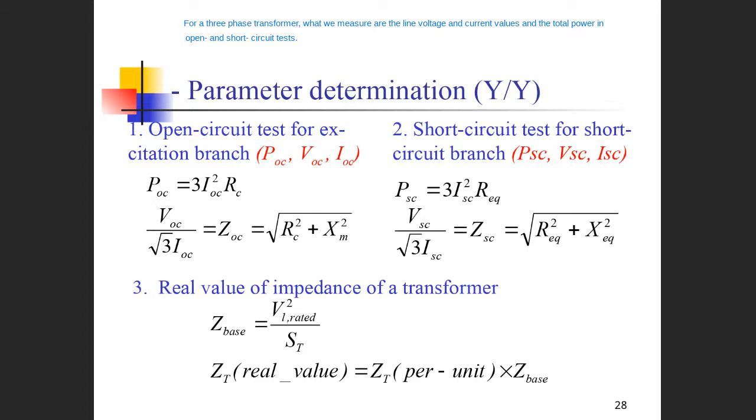The second point is that we assume it is a star-star connection and estimate the per star phase parameters. That's the meaning.